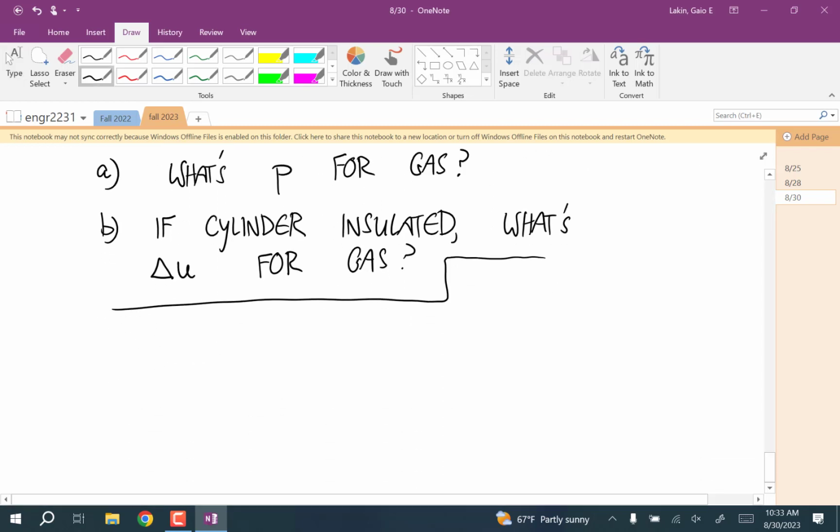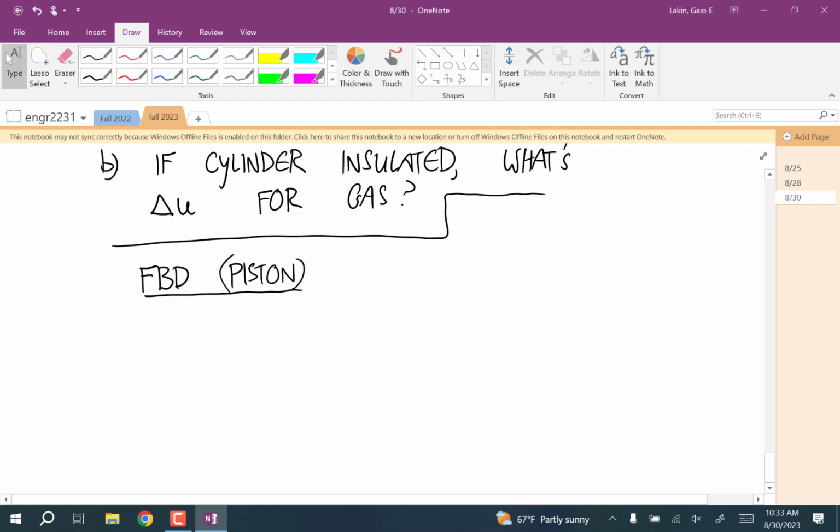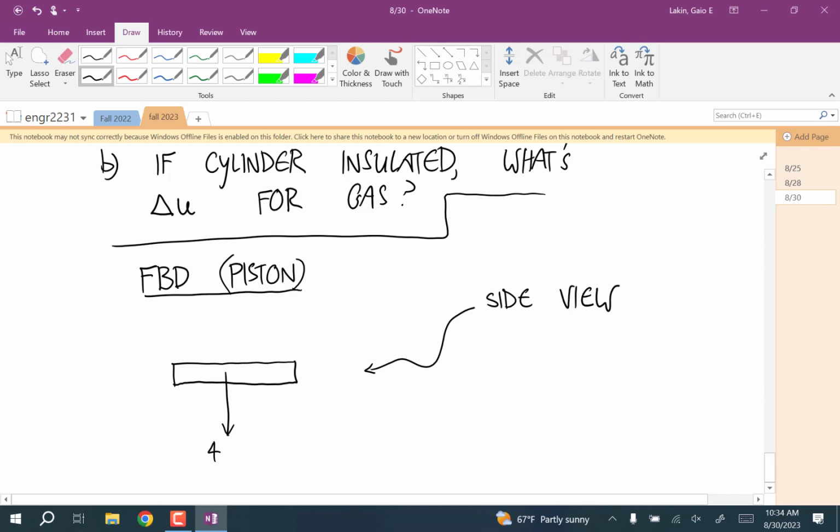Okay, so I'm going to start by drawing a free body diagram, like from the side of the piston. So that's a side view of the piston. And the forces we have acting are a weight force pushing down. So 5 times 9.81 is the weight.